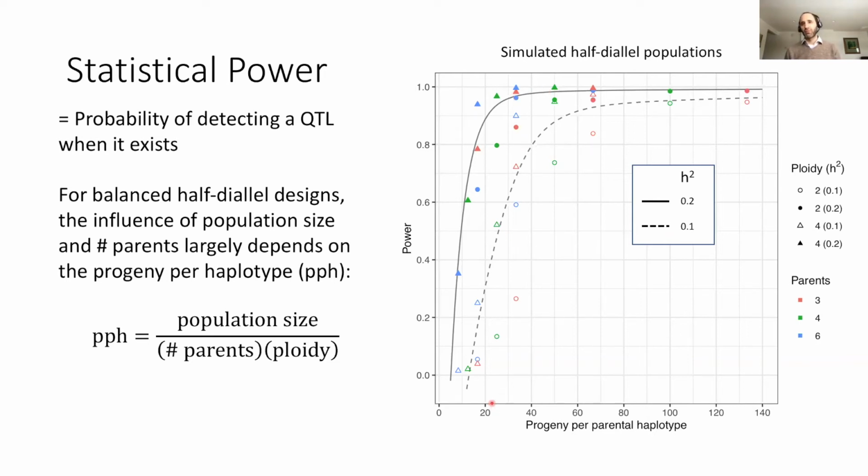So if we wanted to have a power of 0.9, a 90% probability of detecting the QTL, and your heritability is 0.2, then you only need 20 progeny per parental haplotype. That number increases to about 50 progeny per parental haplotype if you're talking about a heritability of 0.1.